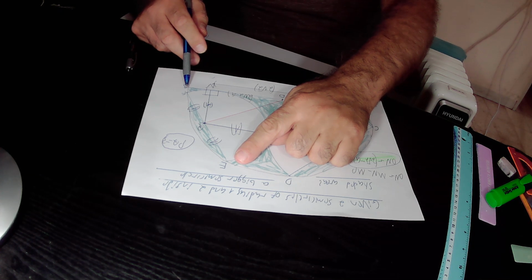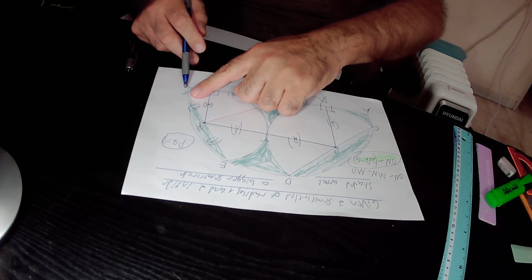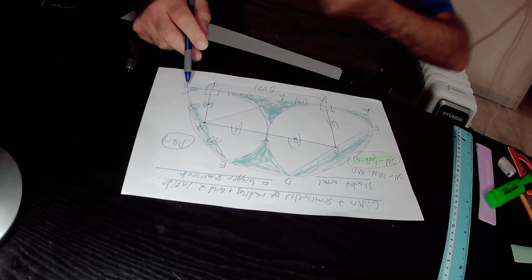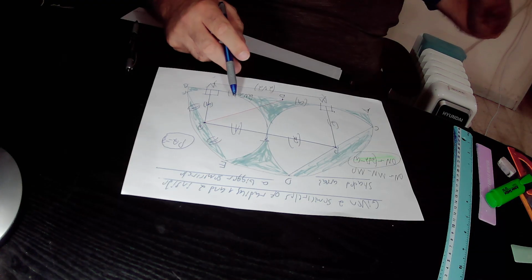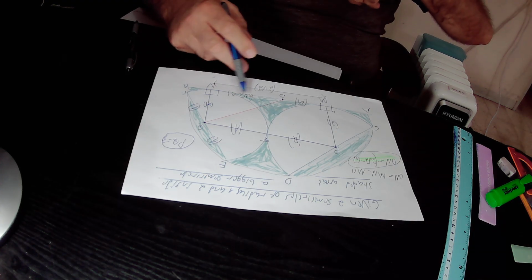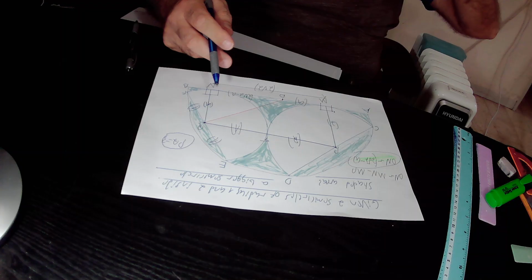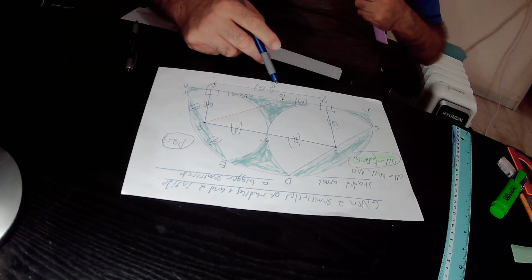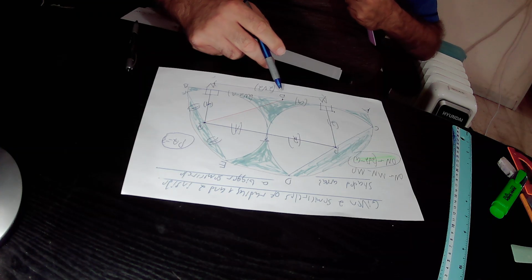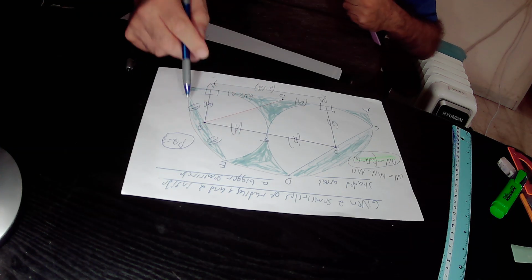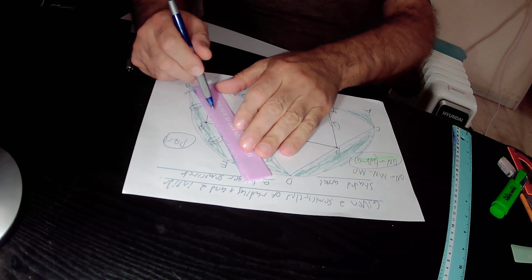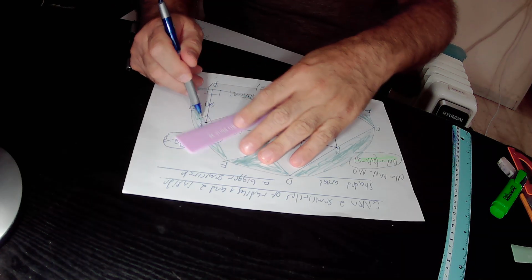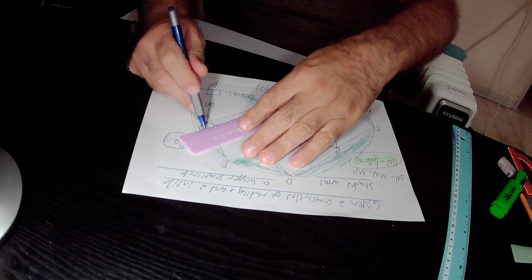Each half equals 1: EQ equals 1, and QF also equals 1. According to rule 30, OQ is perpendicular to EF. So this angle equals 90 degrees, and this angle also equals 90 degrees.